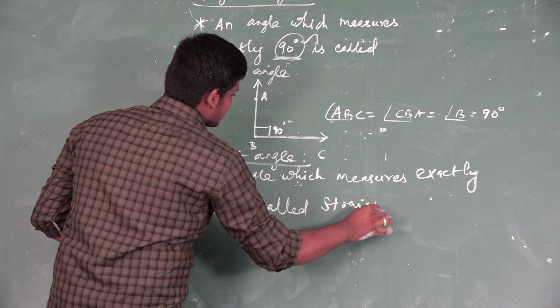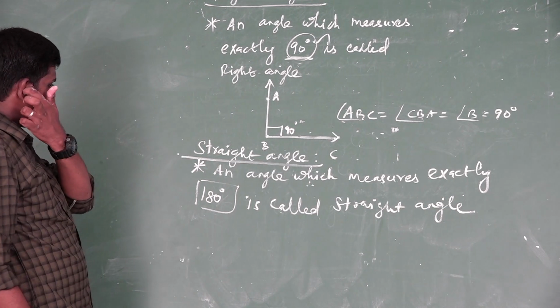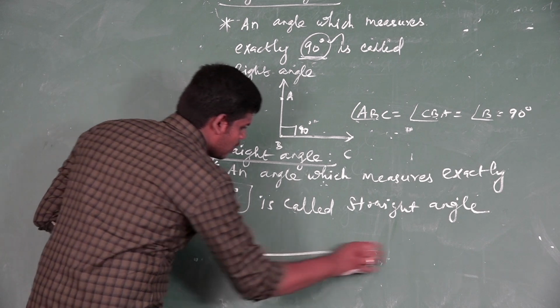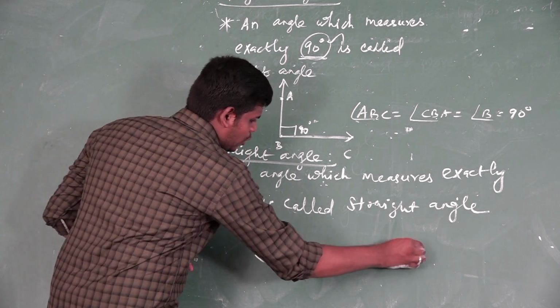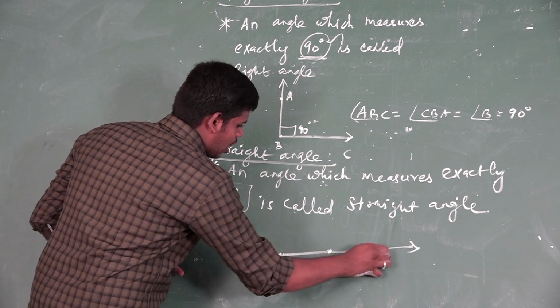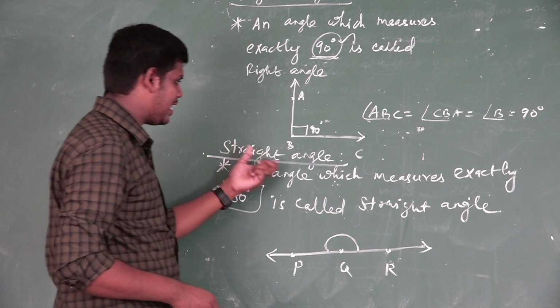So 180 degree is called what? Straight angle. How can we draw the straight angle? We know straight angle means a straight path only. So two rays, two end points, P, Q, R. This is a straight angle. Why do we call it straight angle?